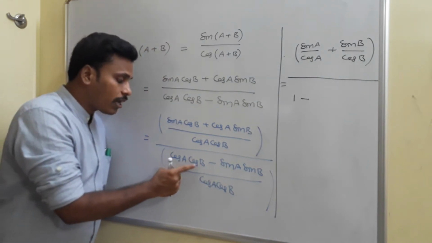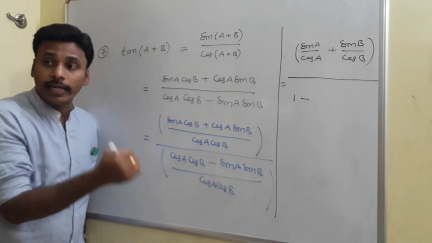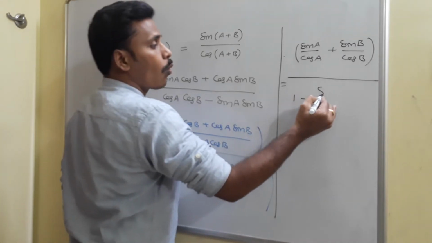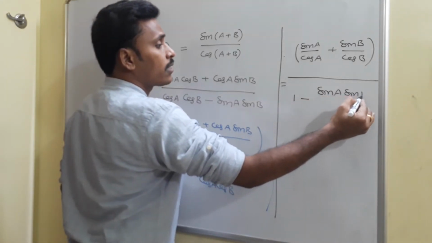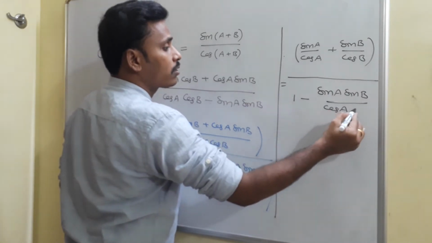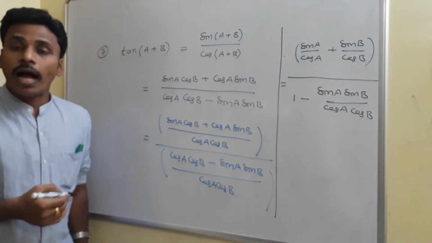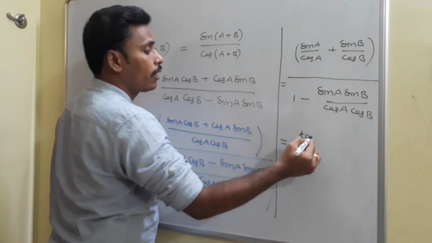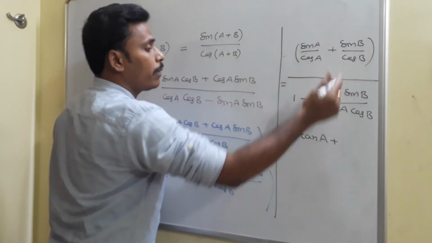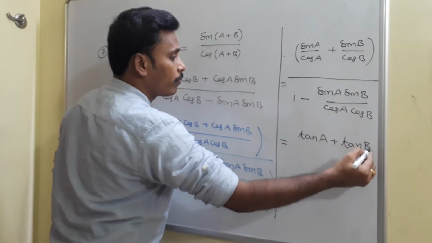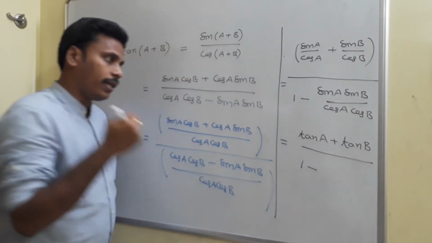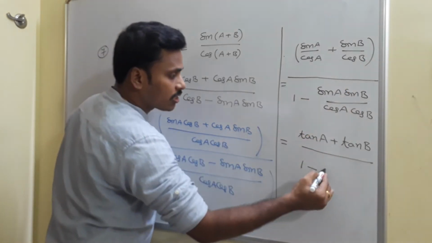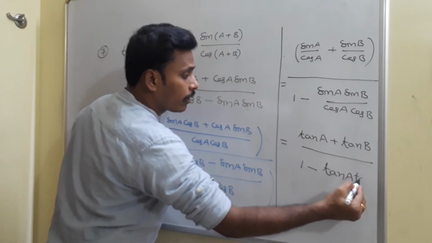Cos A cos B divided by cos A cos B is directly 1, minus sin A sin B divided by cos A cos B. And now in the next step, sin A by cos A is tan A, plus sin B by cos B is tan B, divided by 1 minus sin A sin B by cos A cos B. Sin by cos is tan, so this is tan A tan B.